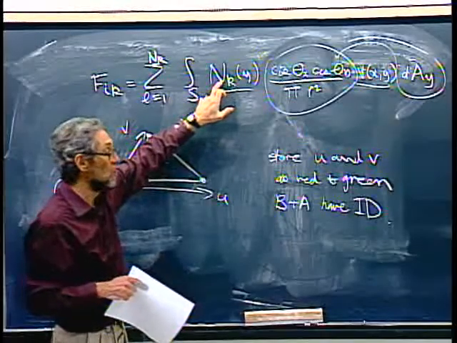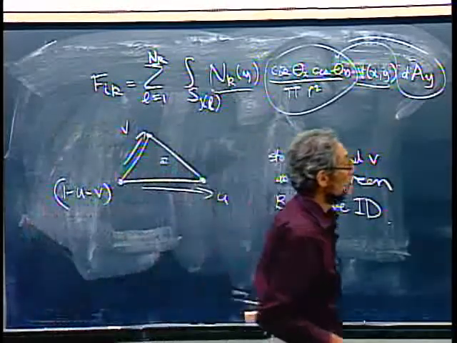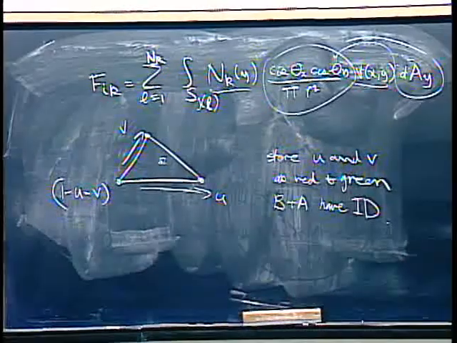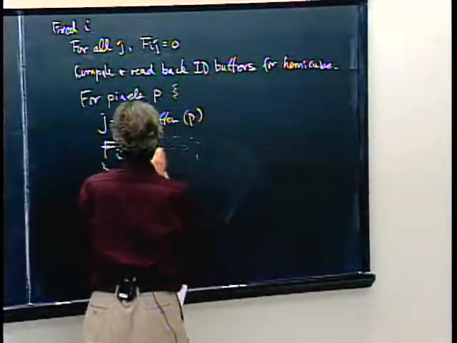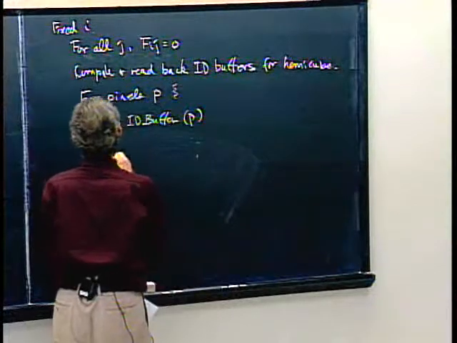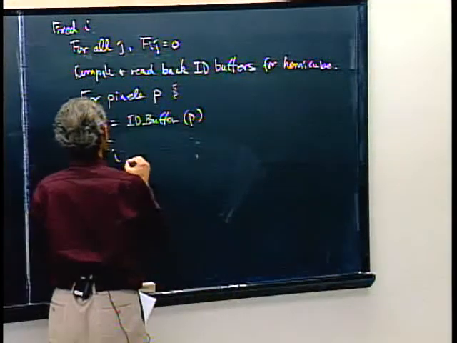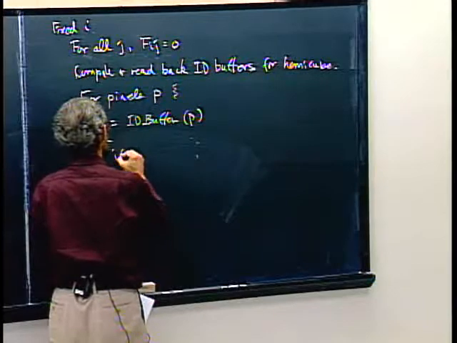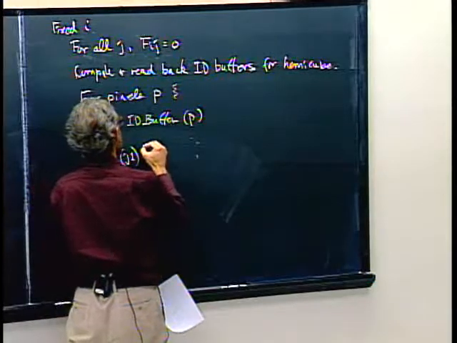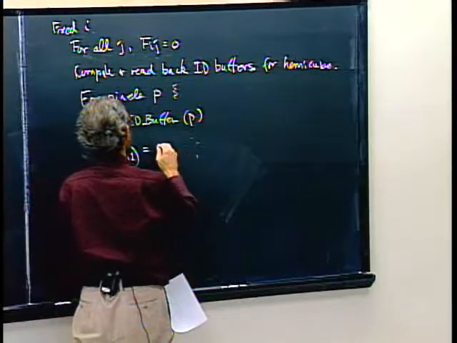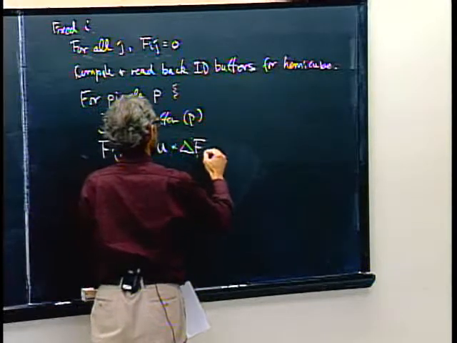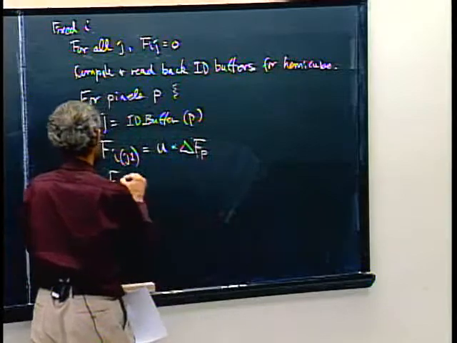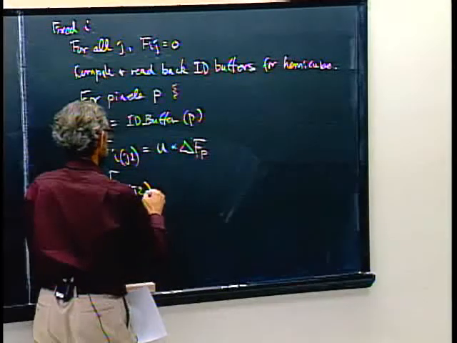So you can do a similar thing: for that pixel, instead of just incrementing by 1, you say F_i j1, where that's one of the vertices of the triangle, plus equals u times delta F for the pixel, and F_i for the other vertex.